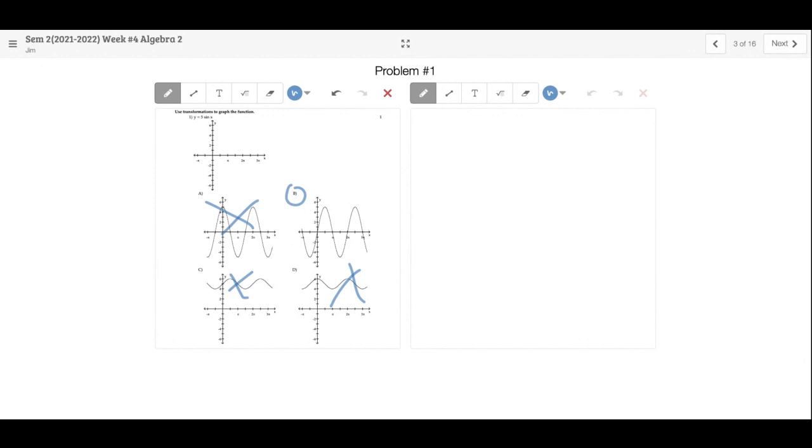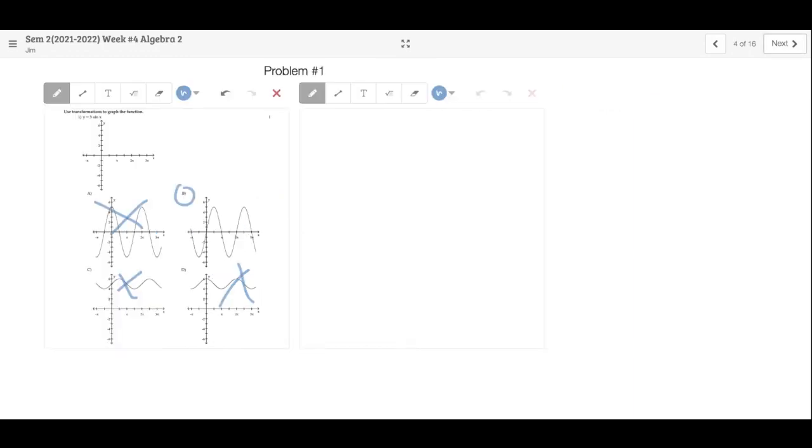But you do have all three graphs there, right? The C and D are there. You just only have A and B as your choices. So B is fine. Hopefully you didn't pick C and D for an answer because then you wouldn't have been able to select it. All right.